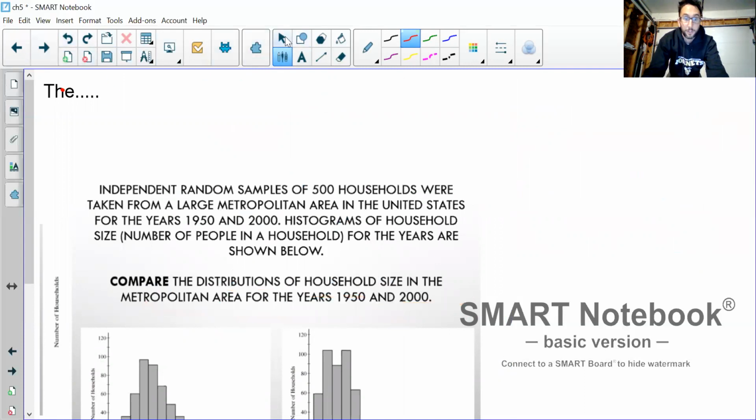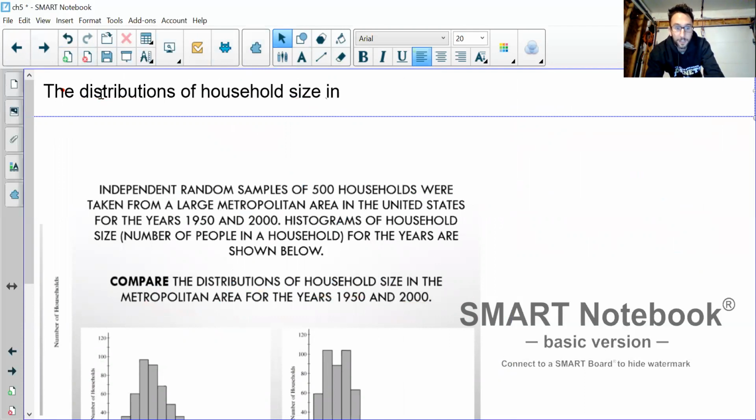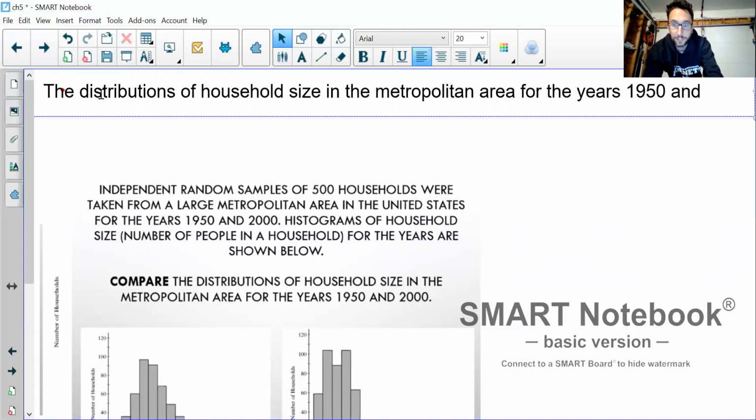So I'm going to start literally by saying, the distributions of household size in the metropolitan area for the years 1950 and 2000.